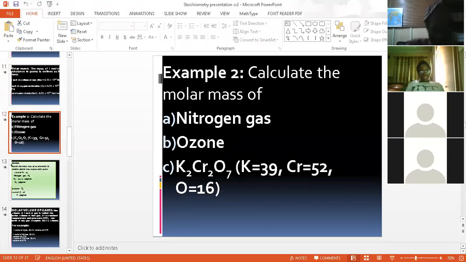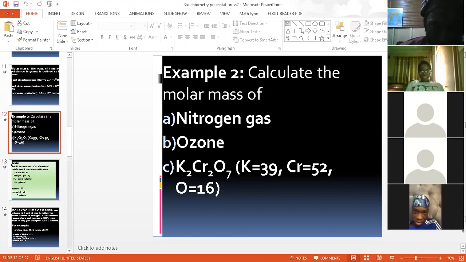So K2Cr2O7, the compound, is made up of 2 atoms of potassium, 2 atoms of chromium, and 7 atoms of oxygen. The value you are given is for one atom, so you know how to go about that. It's mathematical. I want to see your response. What is the answer for the molar mass of K2Cr2O7? Quickly. Let's do that. I'm expecting your response.